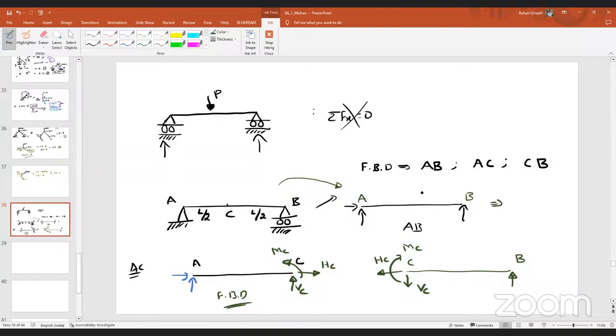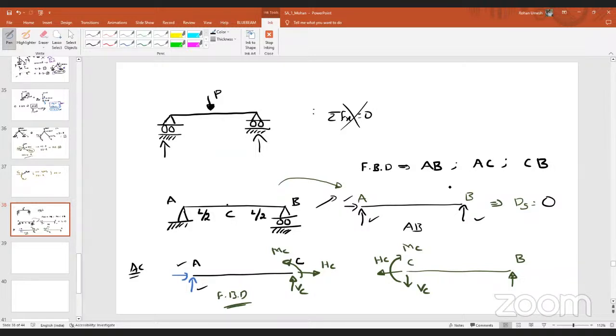Forget about these parts. First, we have considered the equilibrium of the entire beam. Is there any indeterminacy? No, sir. Zero. That means I have already found these 3 reactions. Now look at the free body diagram of AC. I already know these 2, isn't it?